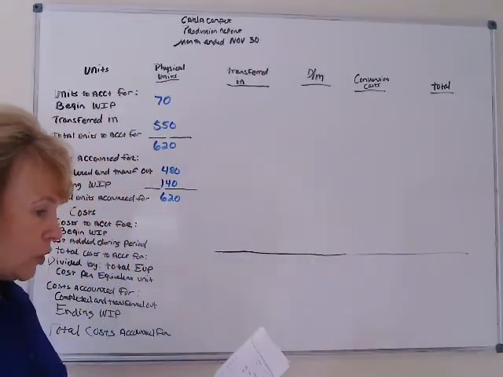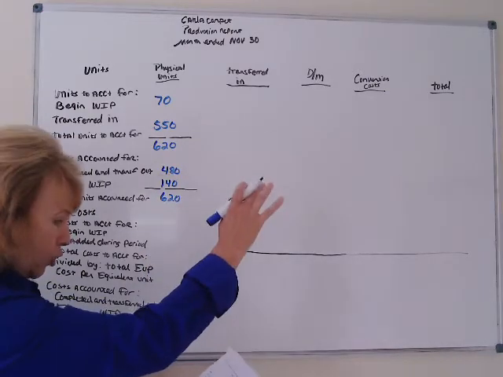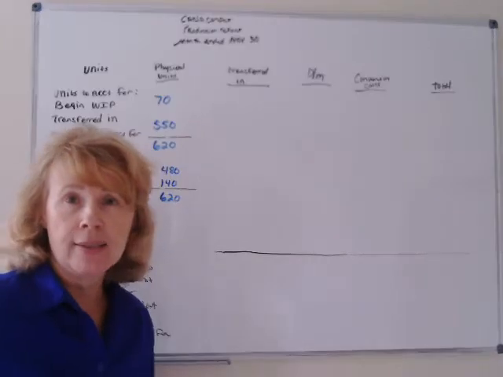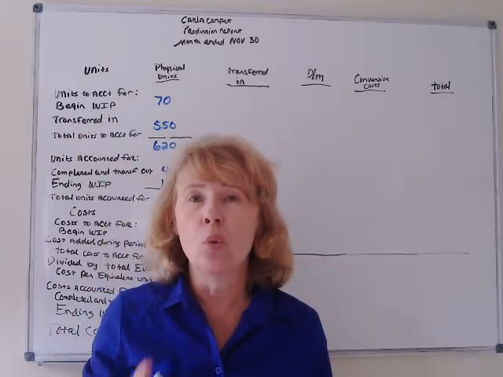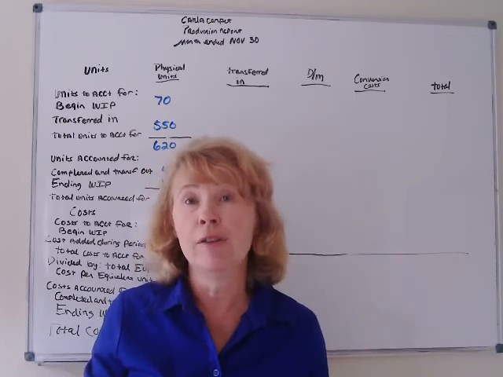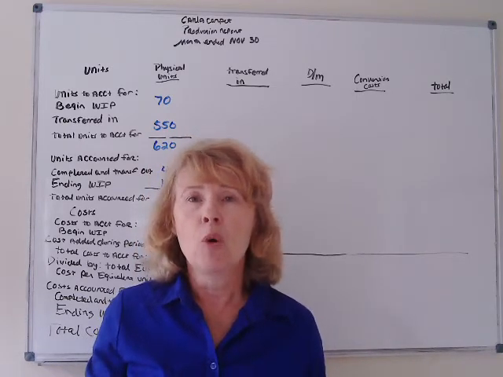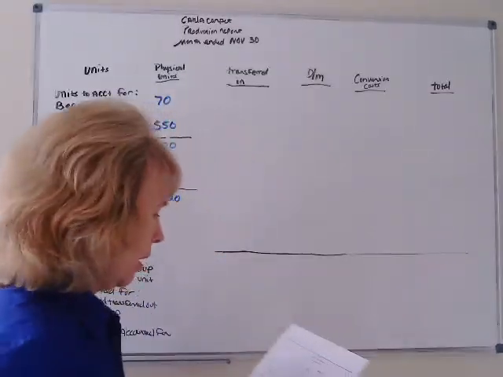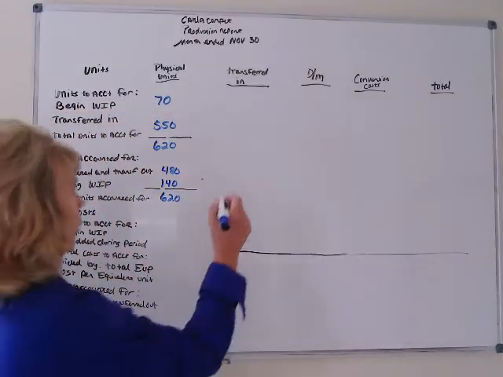Transferred in, we're just going to trace this. Now this is 100%, this is the weighted average method. We're only going to do one method. Accounting majors, there's weighted average, there's FIFO, the FIFO method. For this class, we will only focus on the weighted average method. Then we go all the way across.